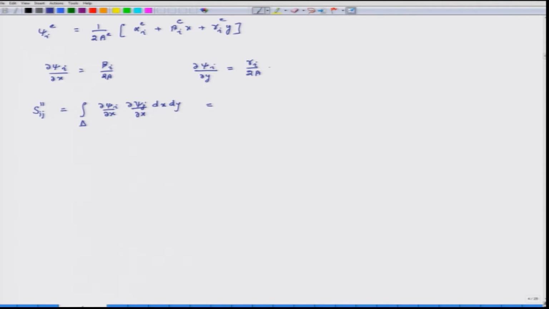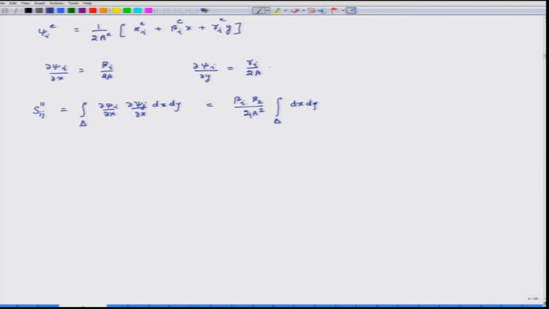So, del psi I over del x is beta I over 2A, and del psi j over del x is beta j over 2A. So, it is beta I beta j divided by 4A square, integral of dx dy.